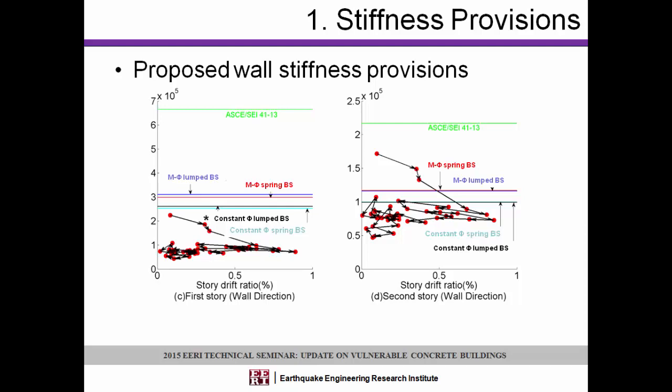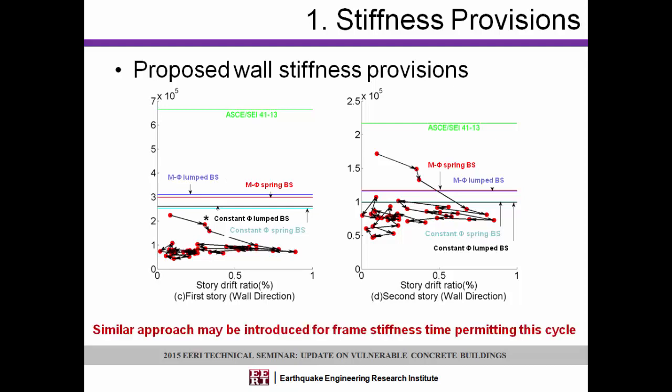So when we first start shaking it at the Kobe 25% motion, it goes up to about maybe 0.1% drift, its first cycle. We get that stiffness there. This point represents that stiffness at that first excursion. Then it cycles back, it gets higher, higher, higher, gets all the way up to here past yield. And then at the end of the ground motion, you get these smaller cycles, these deformations, okay?